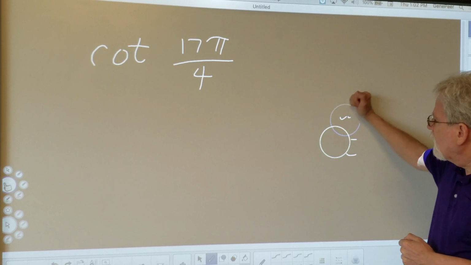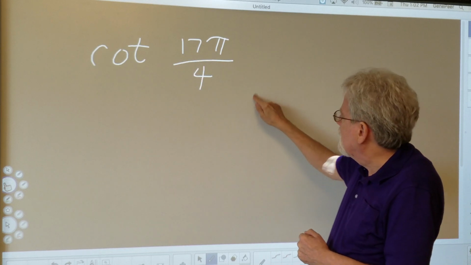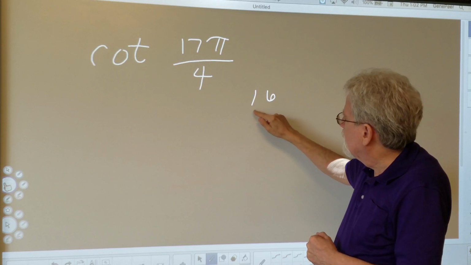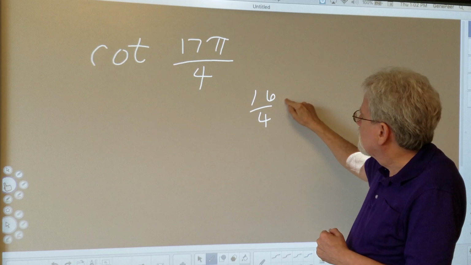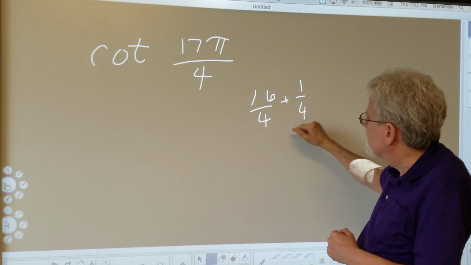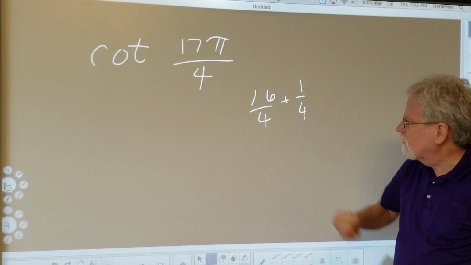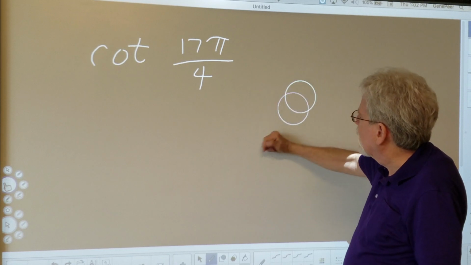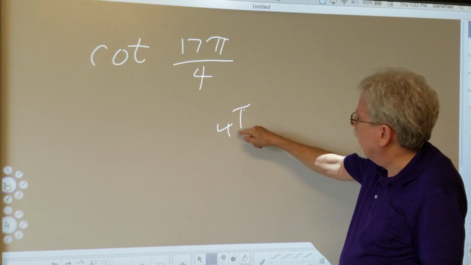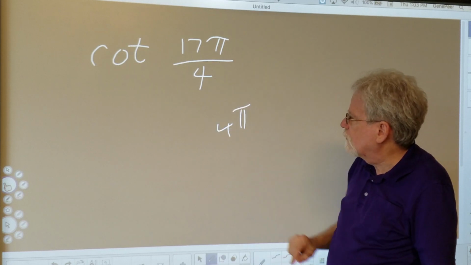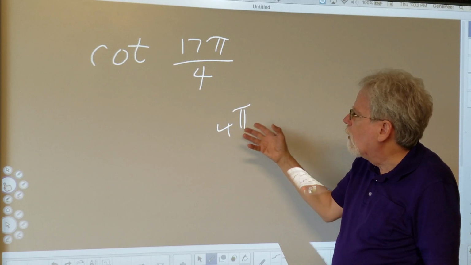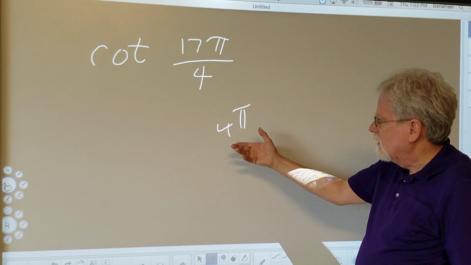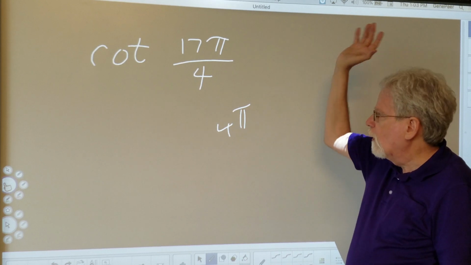So this would be 16 fourths pi plus 1/4 pi. We can toss out the entire 16 fourths pi, the entire 4 pi. I can toss out all pi's. If I had 5 pi or 3 pi, I could just toss them out.